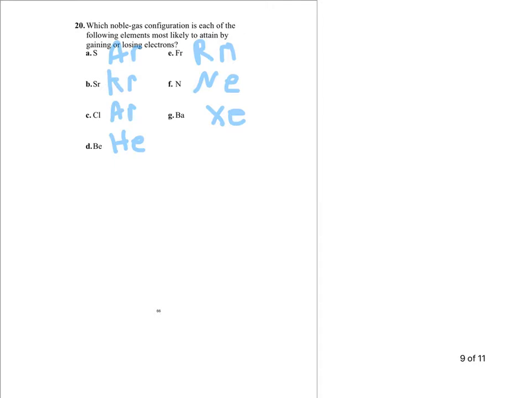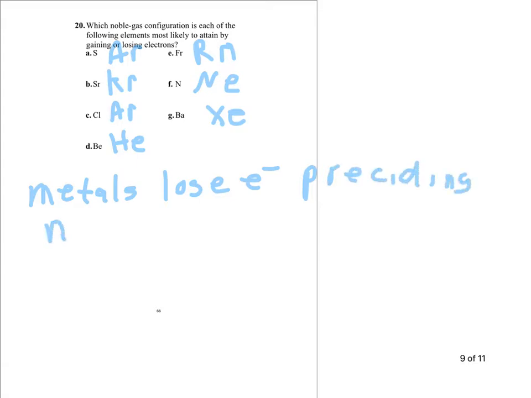Here, the metals over on the left side, as they lose electrons, they're going to tend to go to the preceding noble gas. So metals lose electrons, and it goes to the preceding noble gas.